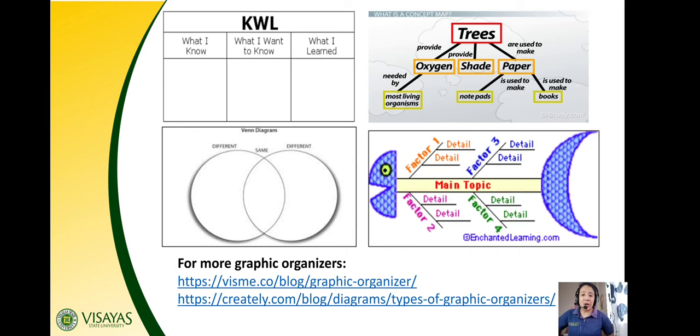So, as you can see, KWL, may table siya. So, what I know, what I want to know, and what I learned. So, I guess you're familiar with this. Kasi ito, natatandaan ko to nung elementary ako, we have this KWL, ginagamit to, and even in college, sometimes ginagamit natin siya. At the beginning of the lesson, binibigay siya to the student and pinapalagyan yung first and then second column.